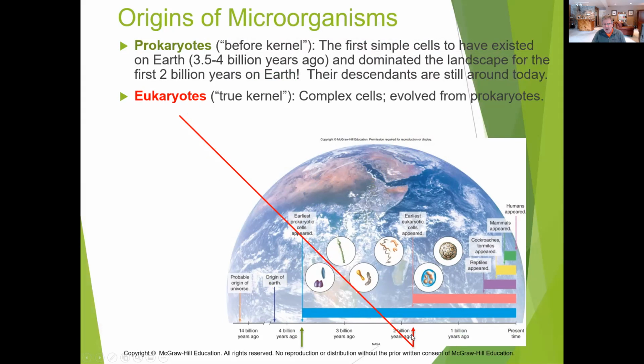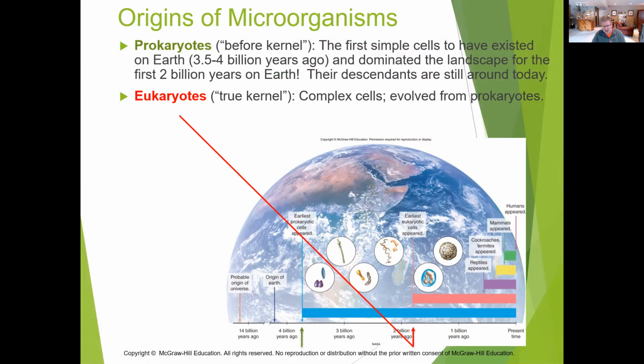And so these earliest eukaryotic cells have been found in the fossil record to date back some 1.75 billion years ago or so. And evidence seems to indicate quite strongly that the eukaryotic cell type evolved from the prokaryotic cell type. And again, we will discuss that in an upcoming chapter.